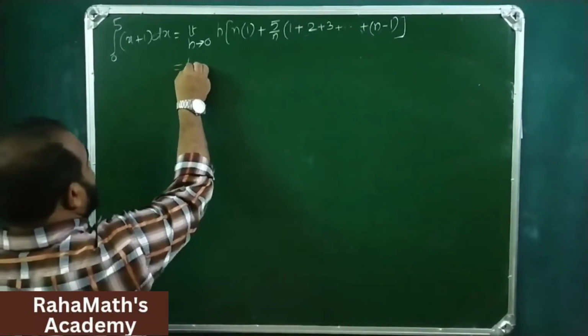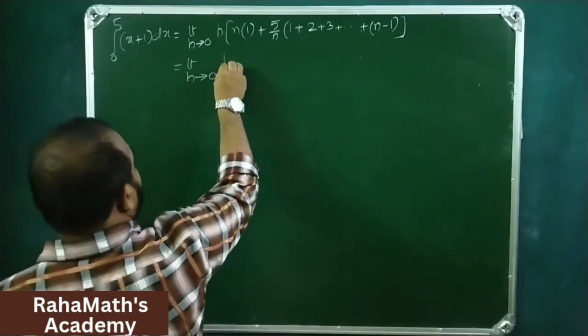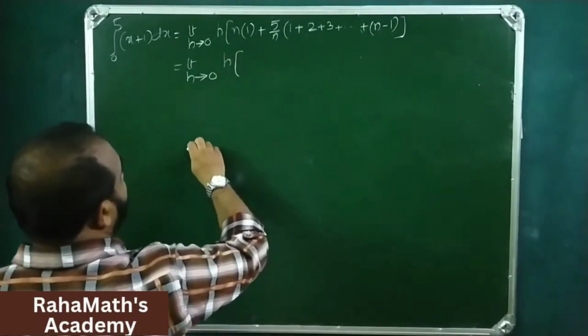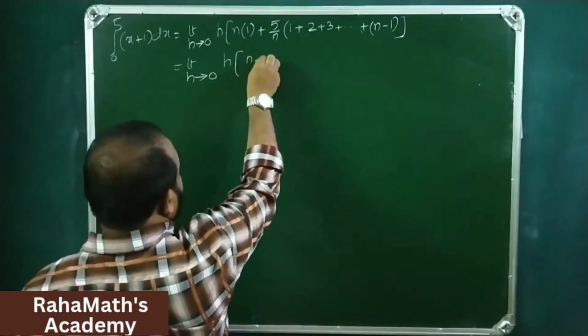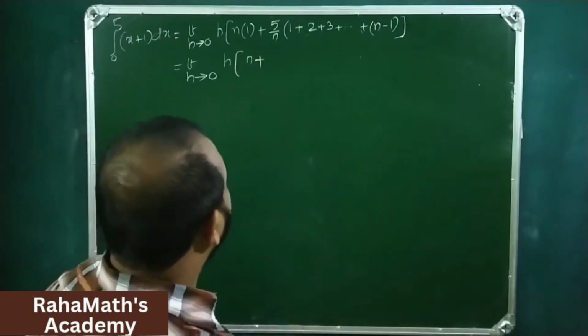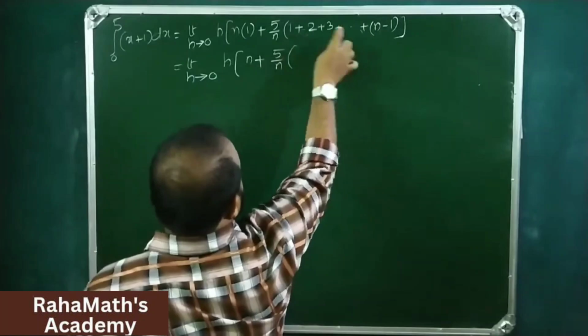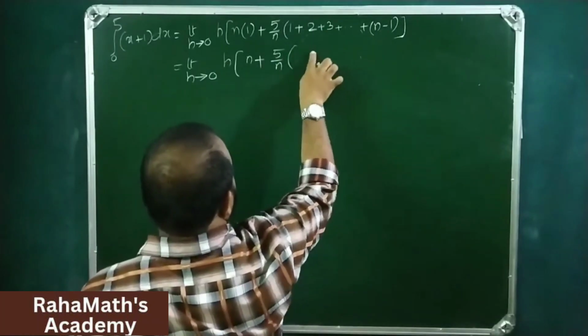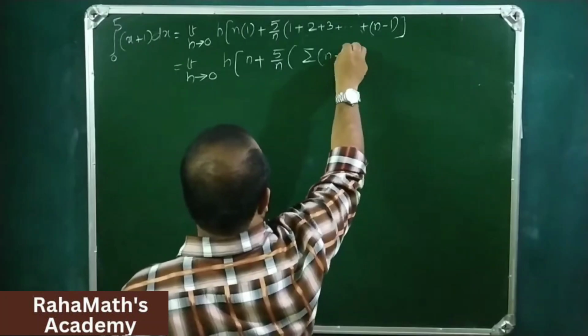This is equal to limit h tends to 0, h into, so n number of ones, so n plus 5 by n, sigma n minus 1. This is the sum of n minus 1 terms.